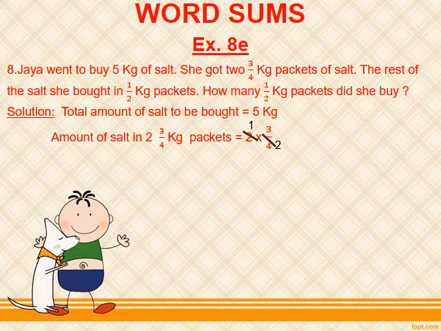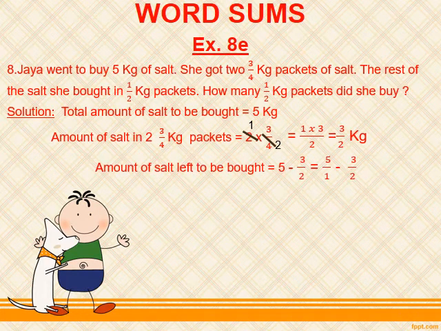And what do we get? 2 divided by 2 is equal to 1 and 4 divided by 2 is equal to 2. So it is equal to 1 multiplied by 3 upon 2, which in turn equals 3 by 2 kg. So the amount of salt in 2 packets of 3 by 4 kg is equal to 3 by 2 kg.